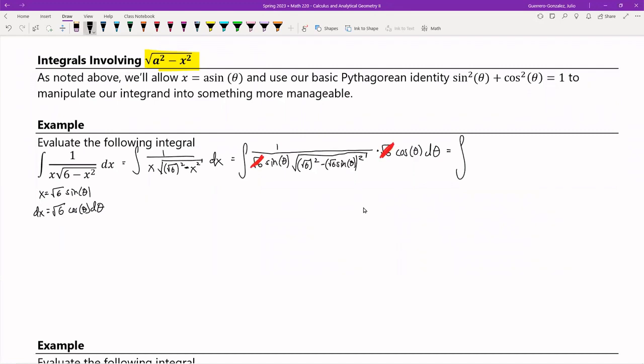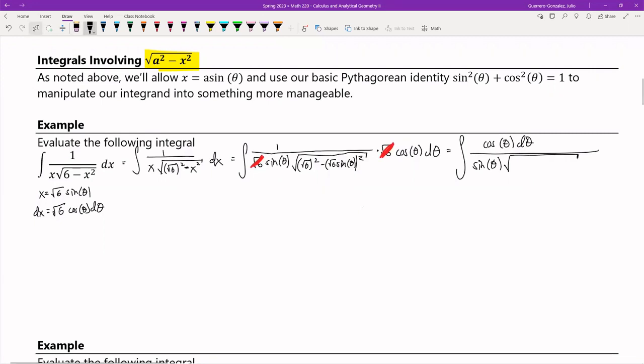There's a 1 on top, and it's going to be cosine theta d theta, so I'm just going to go ahead and put that on top. So it's going to be cosine of theta d theta divided by sine theta. And now I'm going to go ahead and put this all under the square root.